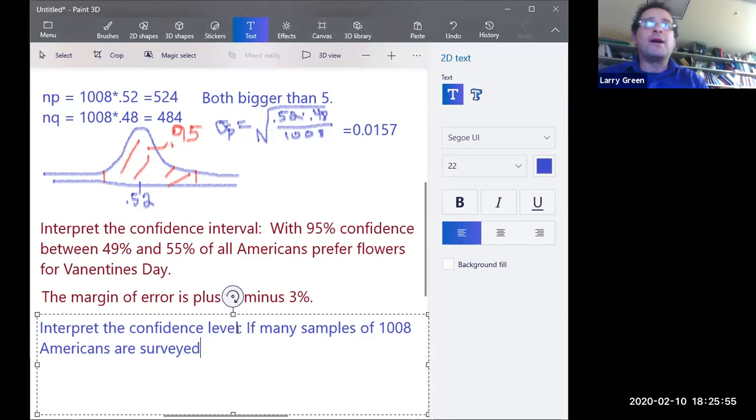Because we were wrong. So if we look at all the different samples of 1,008 Americans that could be surveyed, each of them would result in a different confidence interval.